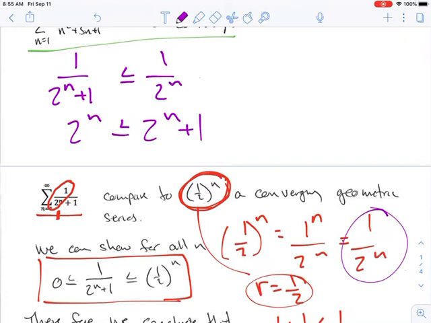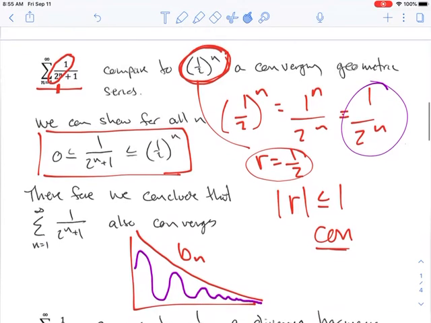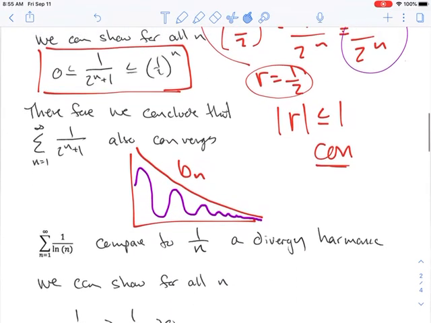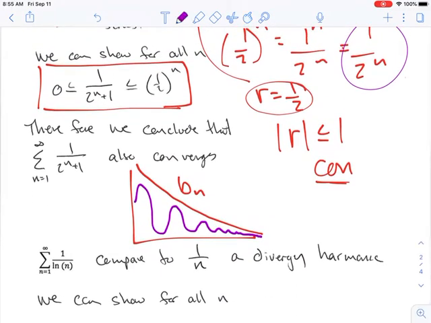All right, so we have all the pieces of the puzzle together. We're done, really. All we need to do is draw our conclusion. Because our comparison series is always greater than the original series, a sub n, and because our comparison series, b sub n, is converging, we conclude that our original series also converges.